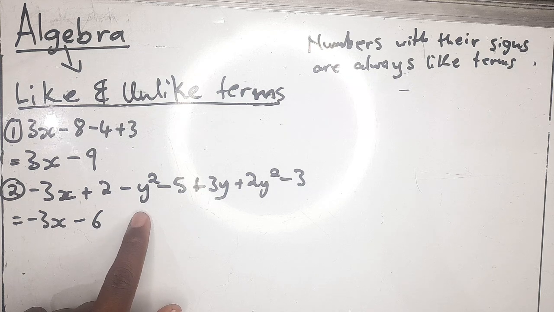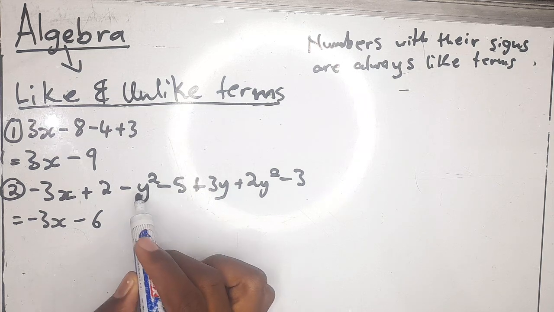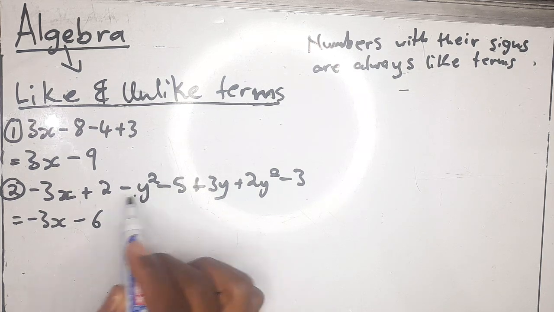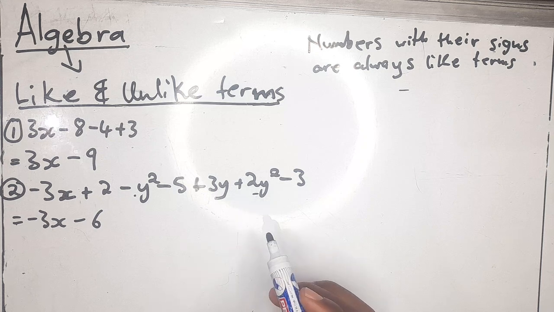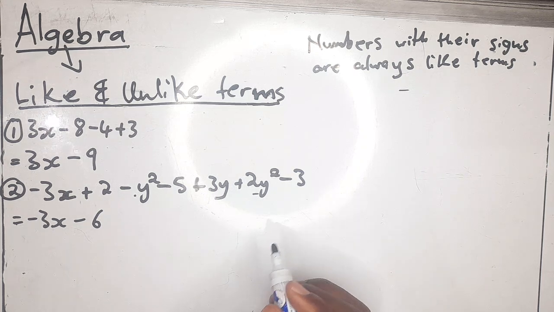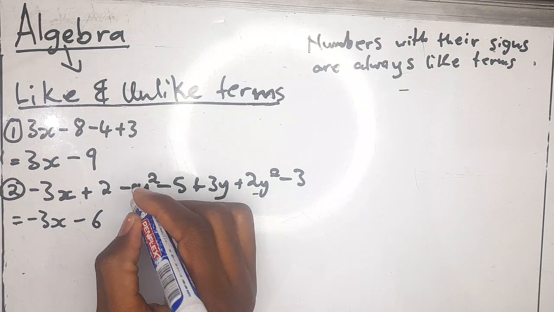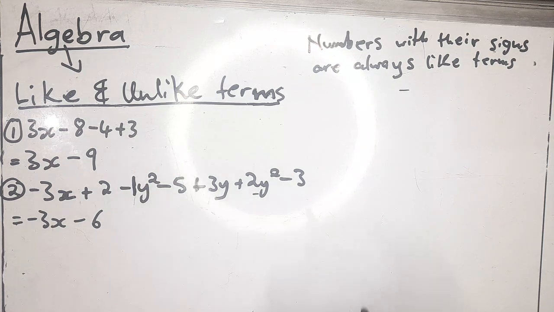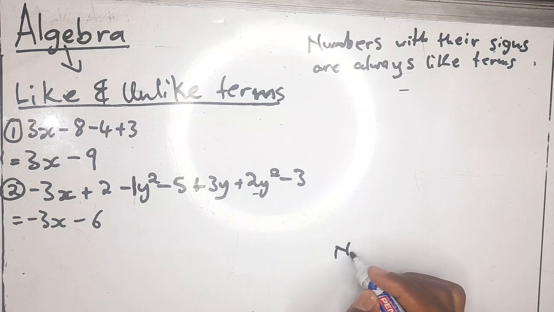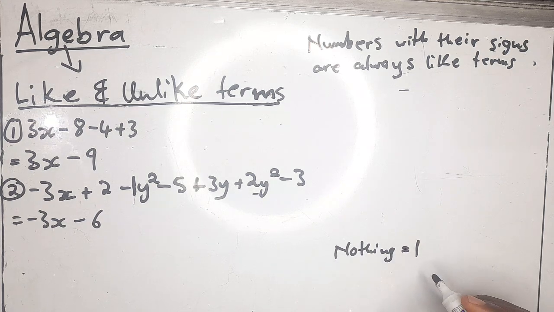Then there's minus y squared. Any term that ends with y squared? Yes, this one and that one. So these two terms are like terms. Once you conclude that they're like terms, focus on their coefficients. There's a number here. If there's no number, remember nothing equals 1, so there's 1 in front.